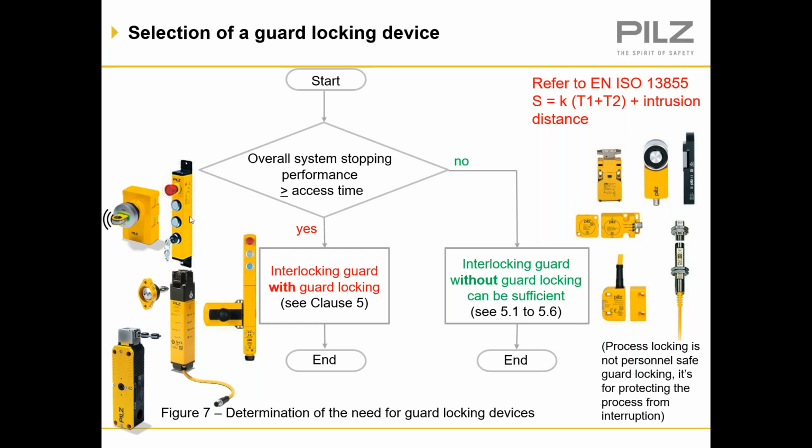Here we have our pit gate. We'd press a button to request access to the machine. That would send a signal to the machine. Once the machine's stopped, that would then send an output to allow release of the actuator so you can gain access. And then only once you've closed the door could you then restart the machine.